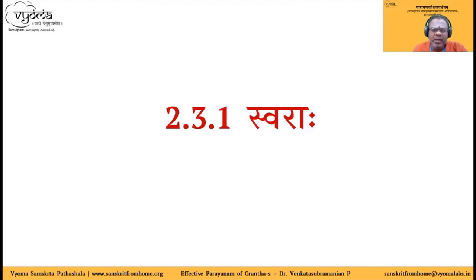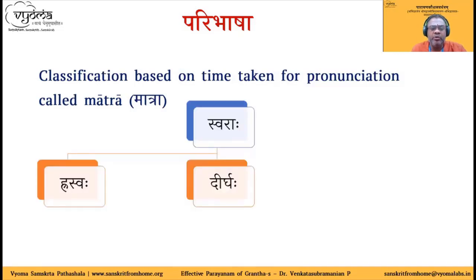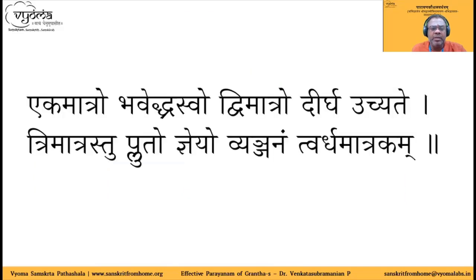Swaraha. Let us learn a bit more about Swaraha, the independent sounds. When you are dealing with independent sounds, as I told you, the time you take to pronounce the sound is called matra. Swaras are divided into hrasva, dirgha and pluta based on the time taken for pronunciation. Ekamatro bhaved hrasvaha, dvimatro dirgha uchyate, trimatrastu pluto jneyah, vyanjanam tvardhamatrakam.